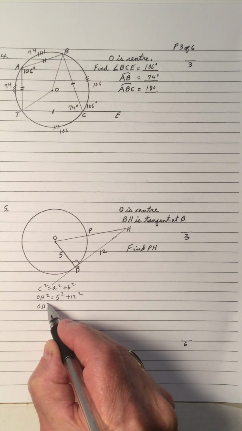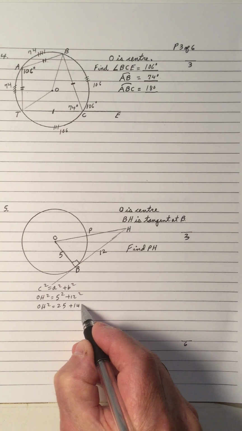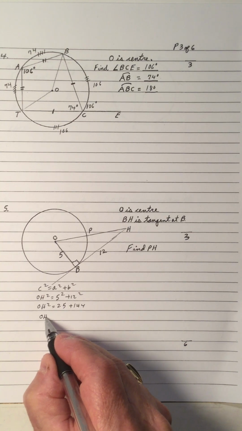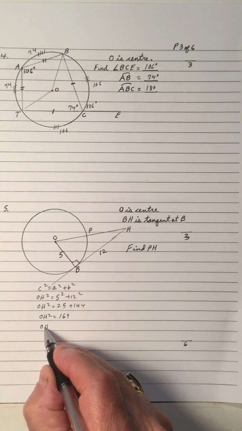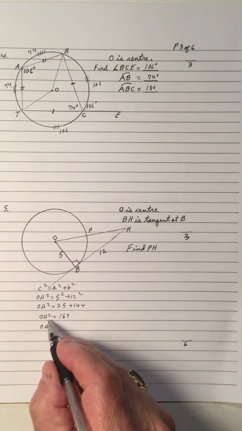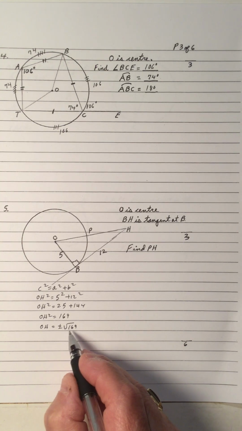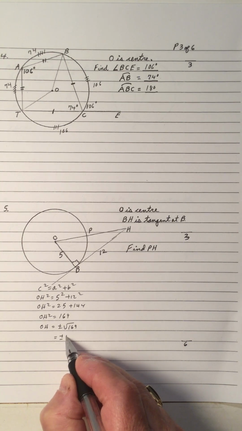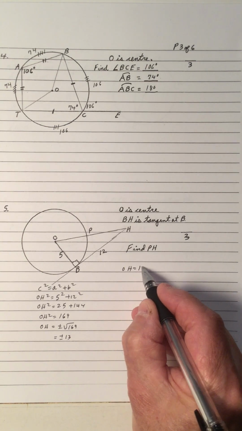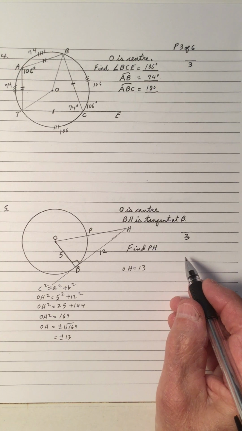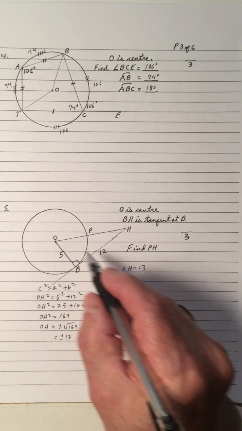So OH squared is 25 plus 144. OH squared is 169. OH is plus or minus the square root of 169, so plus or minus 13. OH is equal to the positive number, it can't be negative in geometry. OH is 13.